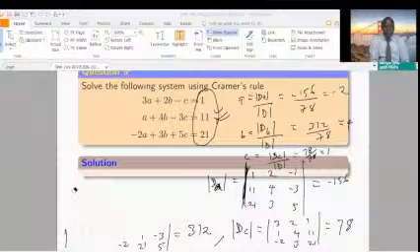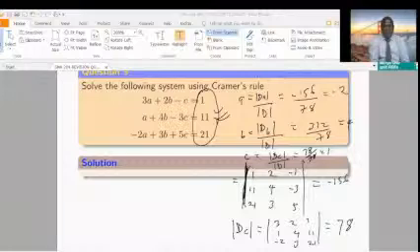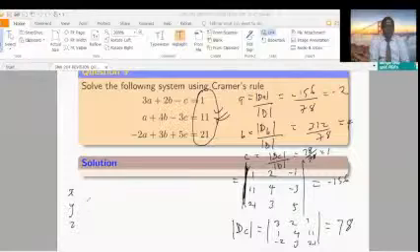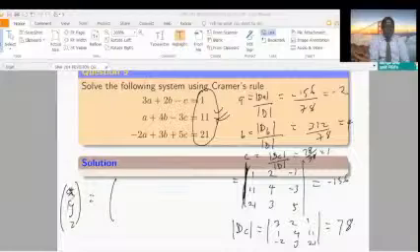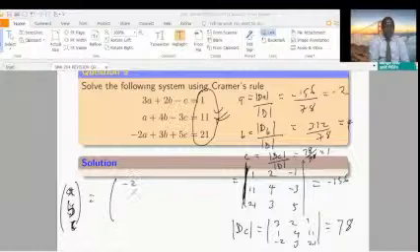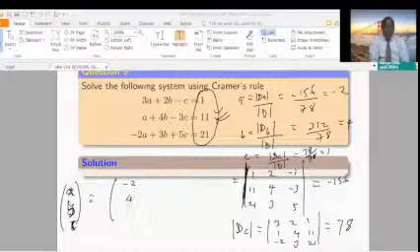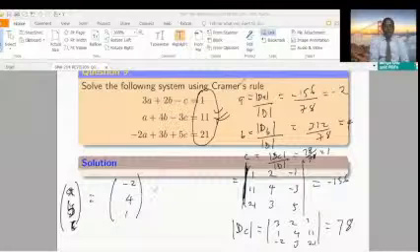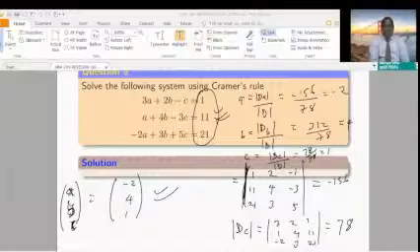The solution of this system is A, B, C, which is A is negative 2, B is 4, and C is 1. This is the solution to the system. So this system has one solution, and this is the solution. That is how we were to do this question using Cramer's rule.